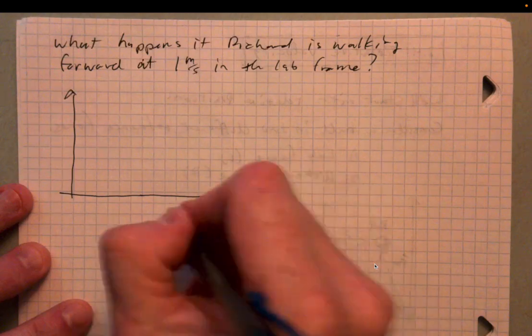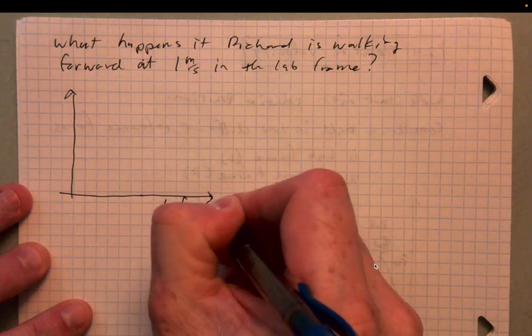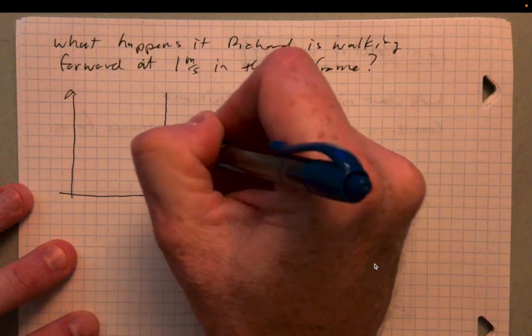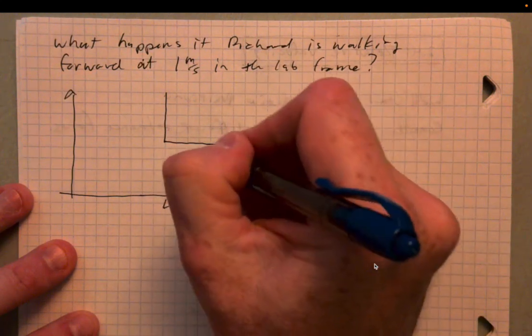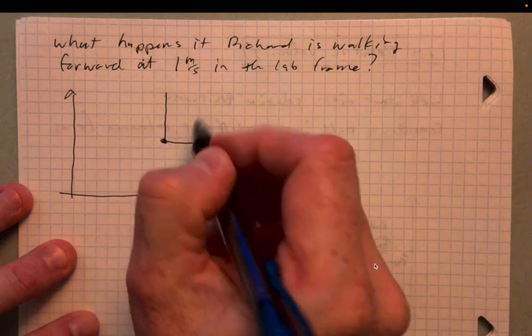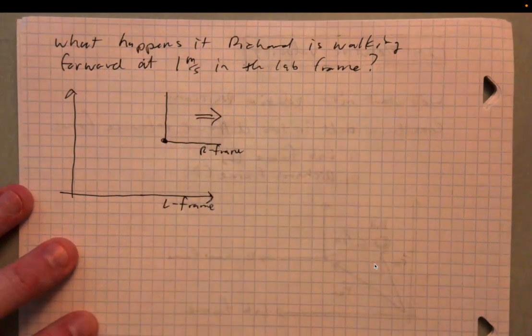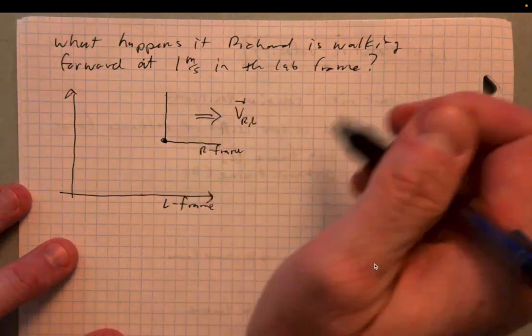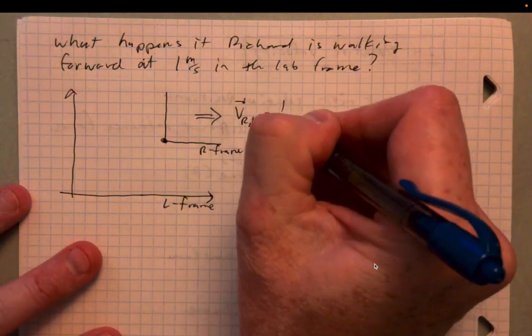So we've got the L frame. And then we've got the Richard frame, which is the smaller frame inside here, which we'll call R frame. Now let's say this entire frame here, the Richard frame, is moving. So the velocity of Richard relative to the lab is 1 meter per second.